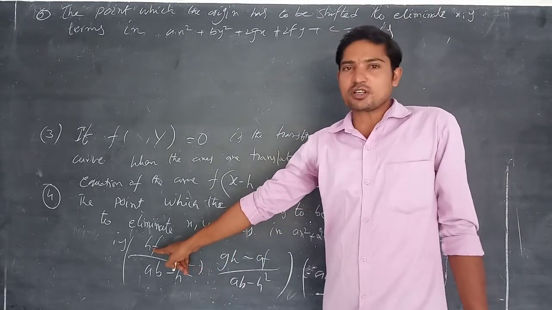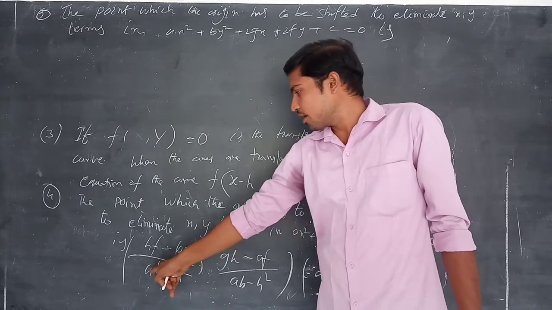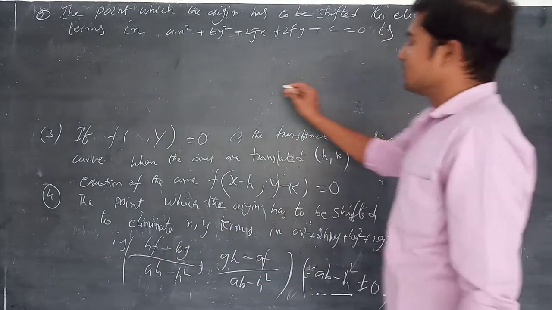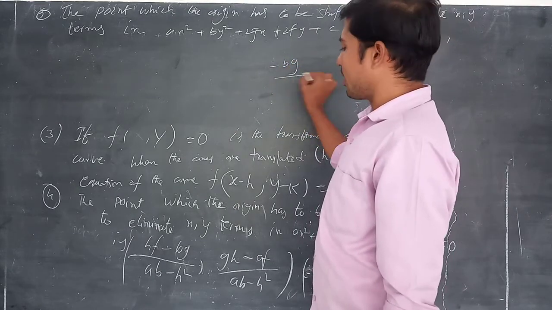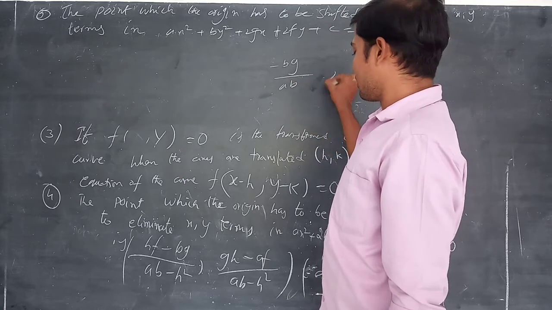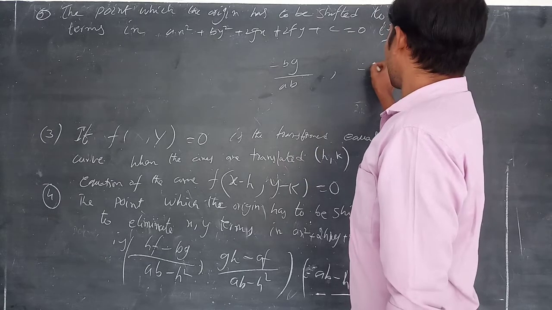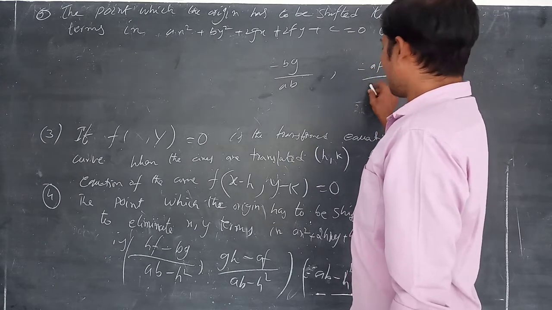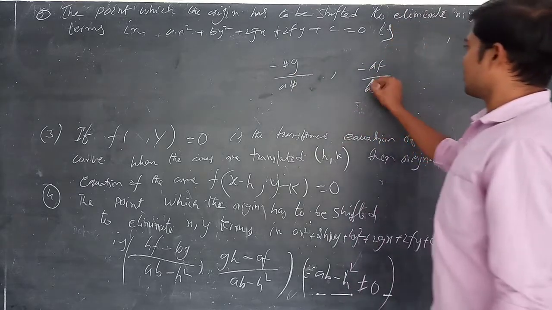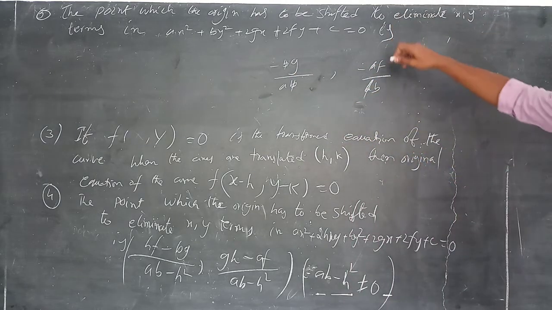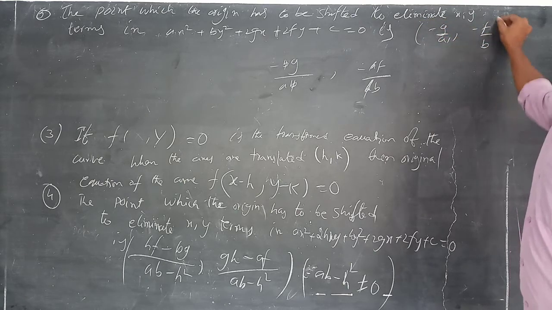Here h is not present, so h equals 0. Substitute h = 0, then that term vanishes. Writing it out, b cancels and a cancels, then the point is minus g by a comma minus f by b.